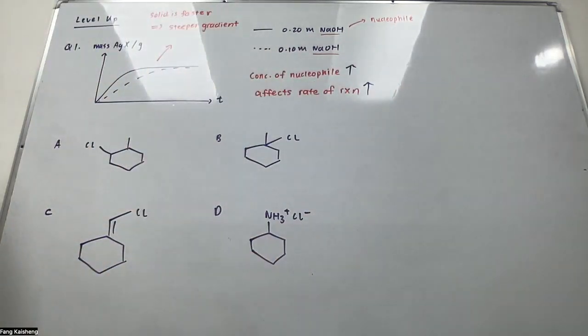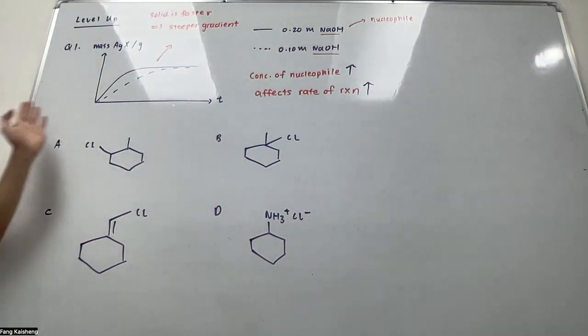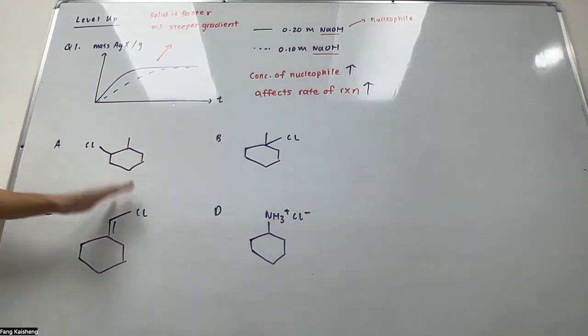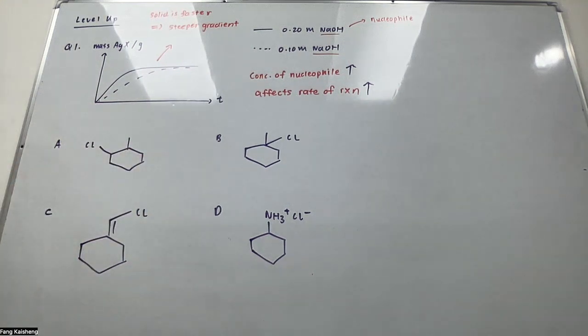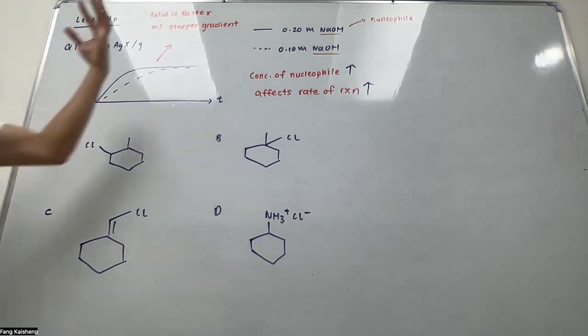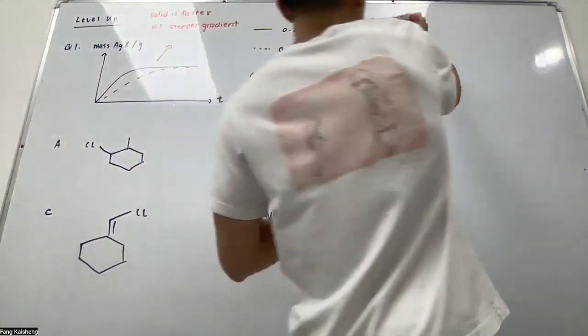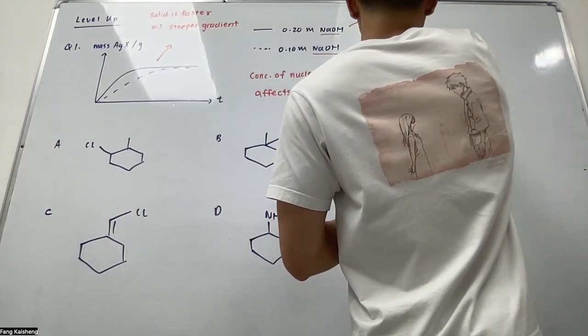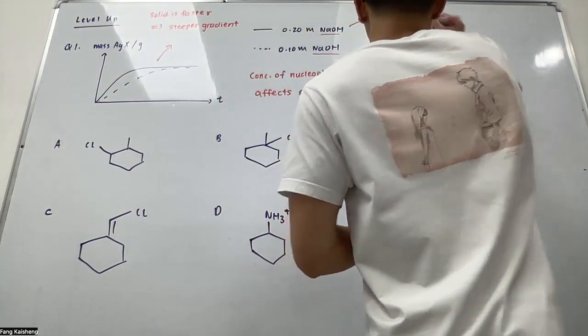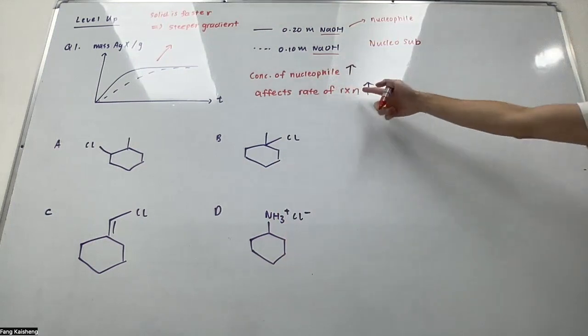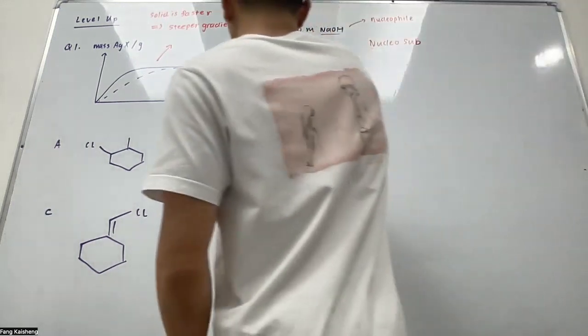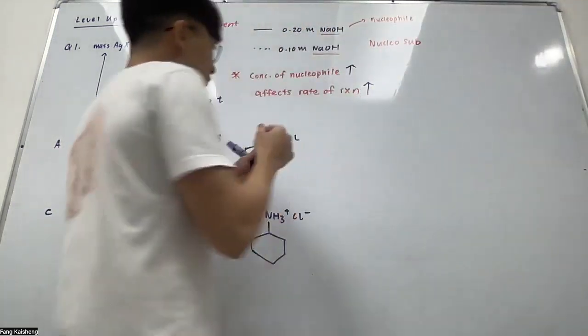What does this mean? All these are halogenoalkanes. What is this reaction called when you put NaOH? This nucleophile undergoes nucleophilic substitution. Look at this, this is perhaps the main giveaway in this question. The nucleophile affects the rate.